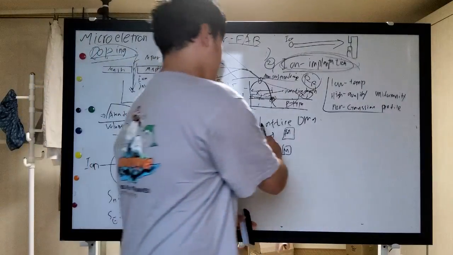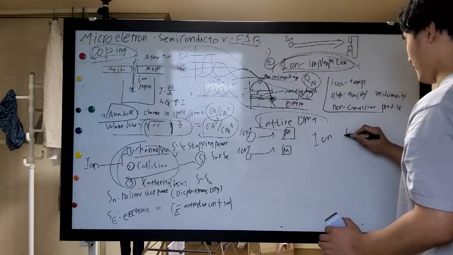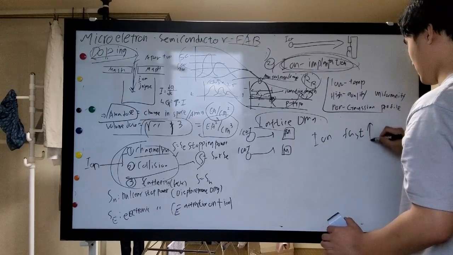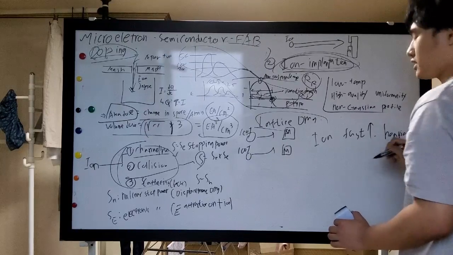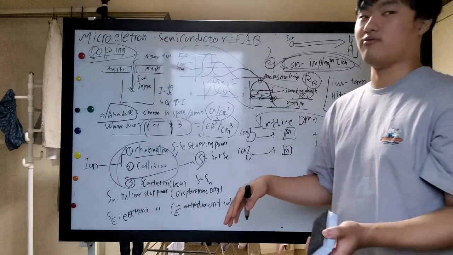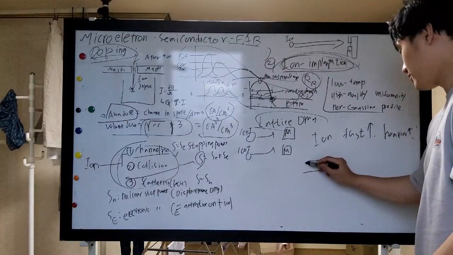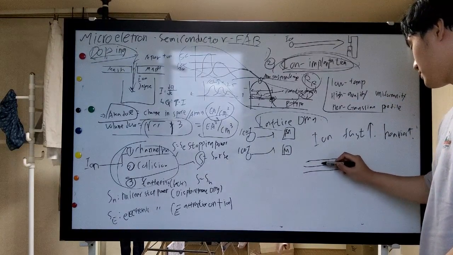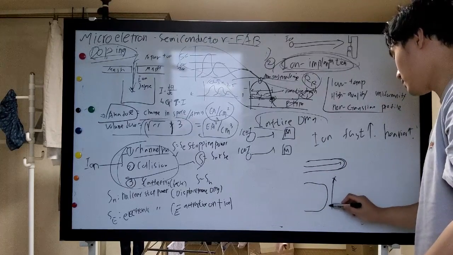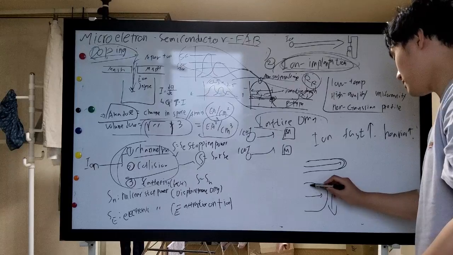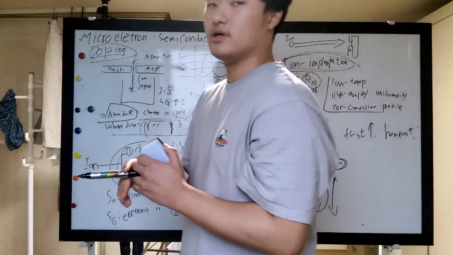So lattice damage will happen more if the ion is faster and heavier. The damage will be added up and enlarged. For the light one, it goes deeper, but for the heavier one the damage is more enlarged and the distance is somewhat low. But this is a critical problem.